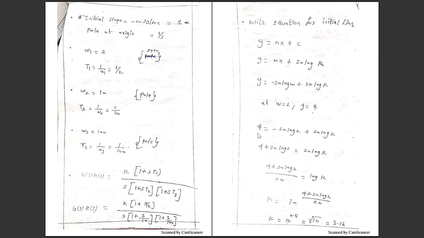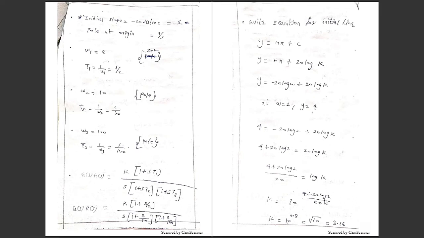If you solve this, we get 4 is equal to minus 20 log 2 plus 20 log K. So only one equation with only one unknown, and we can easily get the value of K, which is 4 plus 20 log 2 is equal to 20 log K. Therefore (4 plus 20 log 2) by 20 is nothing but log K. So K is equal to, because these are always base 10, 10 to the power of (4 plus 20 log 2) by 20.